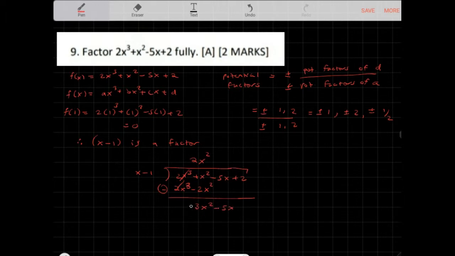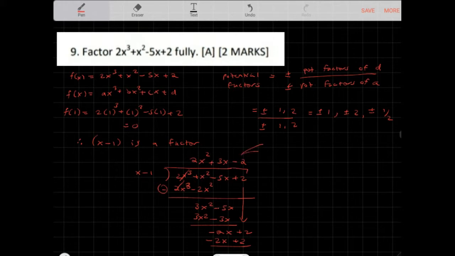Then you have to match the leading term again, so I'm going to add 3x here, so this is 3x squared minus 3x. 5x minus 3x is negative 2x plus 2. Right, and then I'm going to multiply by negative 2, and you actually get negative 2x plus 2. So the remainder here is 0, which is consistent.